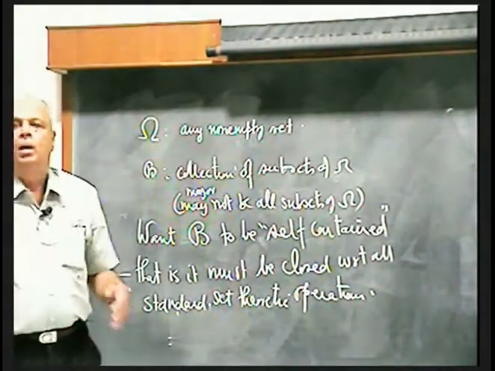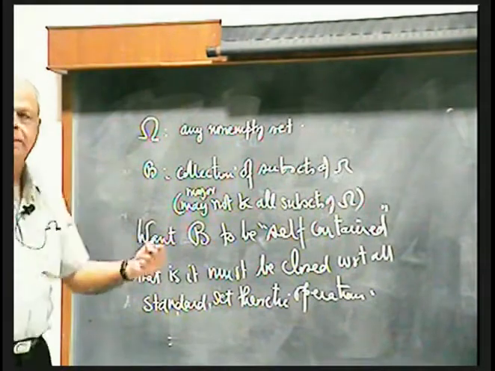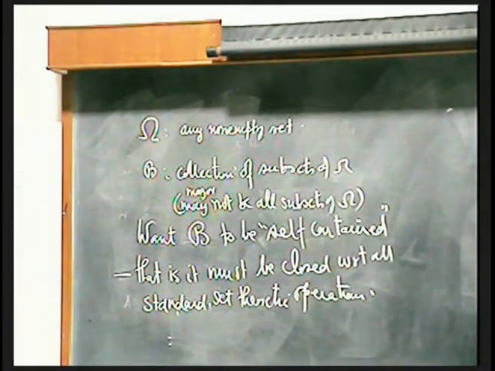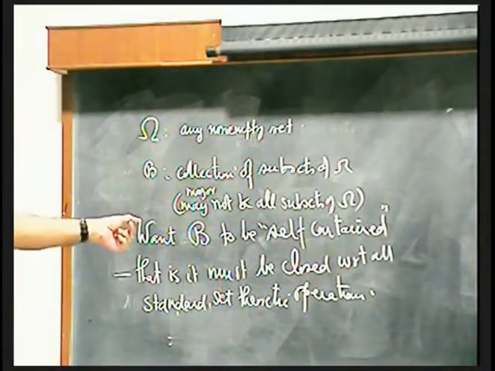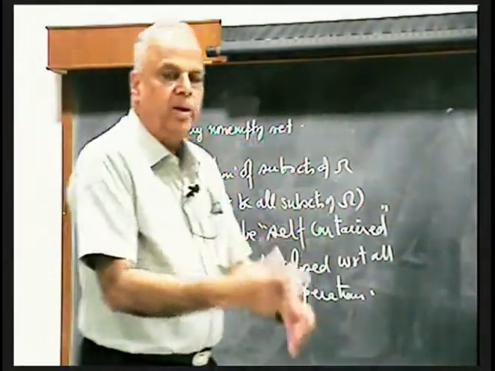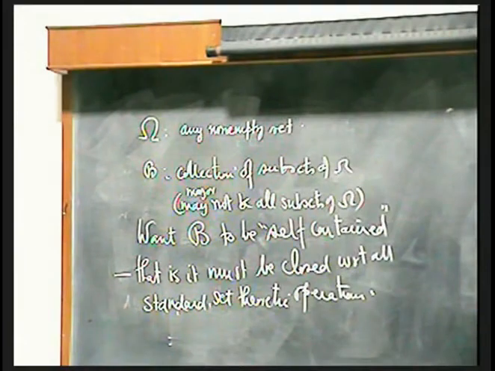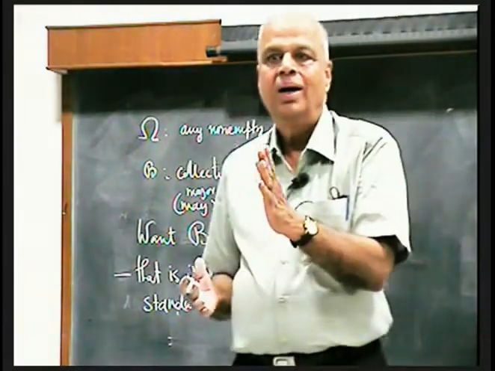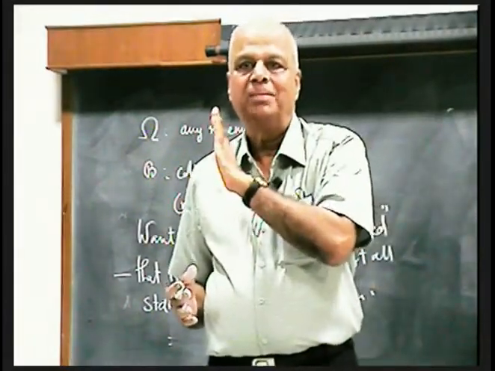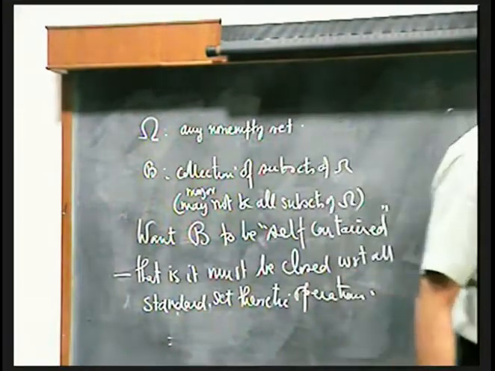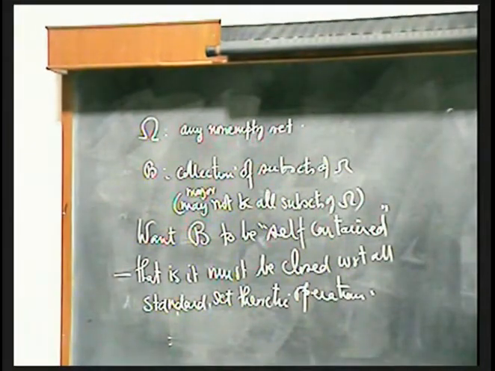What do I mean? I can take a set in that collection and look at its dual, its complement, that must also be in that collection. I can take certain members from B, put a union, that must be there. Put the intersection, that must be there. Whenever I talk about union and intersection, I will allow up to countably infinite. Beyond that, I don't want to get into complications.